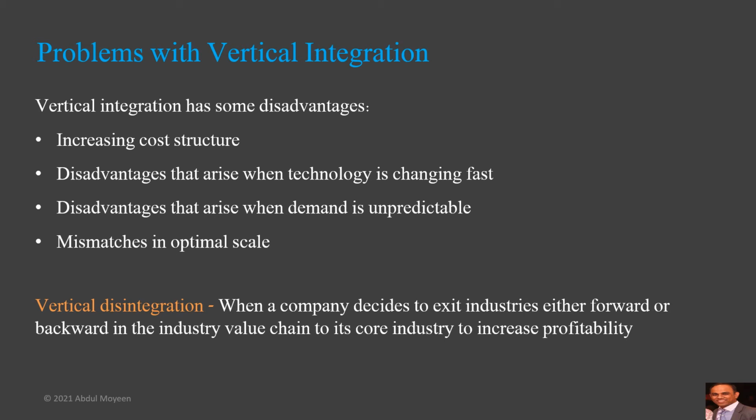But most of the time we see that unless it is a taper integration or a fully integrated company, management doesn't have that kind of incentive. So we see that a vertically integrated company has more capacity that we do not need to use. So that is also another cost of vertical integration.